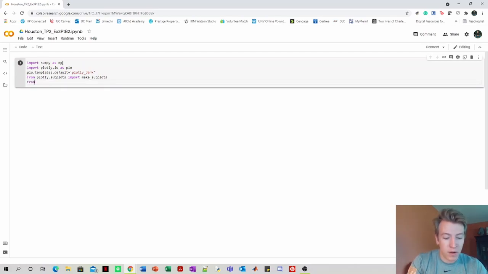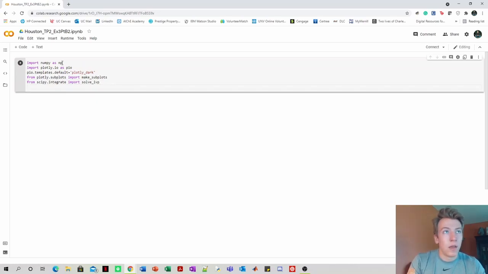Next, from scipy.integrate, and what this is going to do is solve initial value problems based off of the ordinary differential equations that we give. So import solve_ivp.